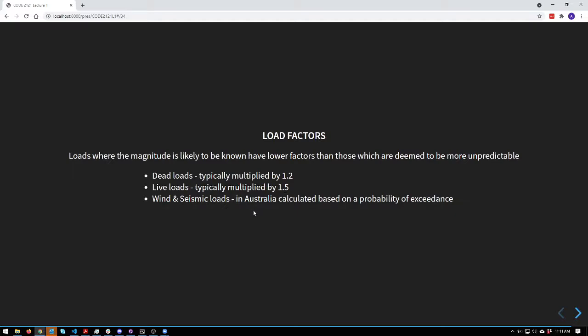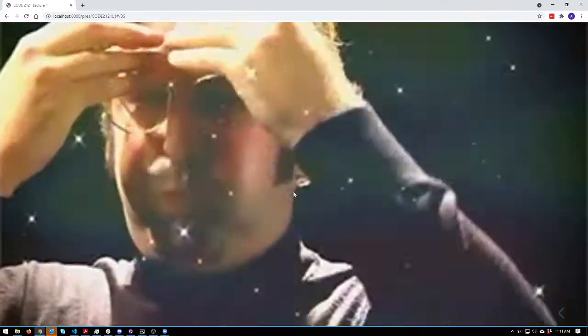And then wind and seismic loads, it's calculated based on some weird functions. We don't have to worry about that too much. But if you factor all of those things in, then, if we've got a live load getting applied to a dimensional timber structure, then we might want to be timesing that live load force by 2 to work out what the size of all of the elements need to be. I've got to be really quick.